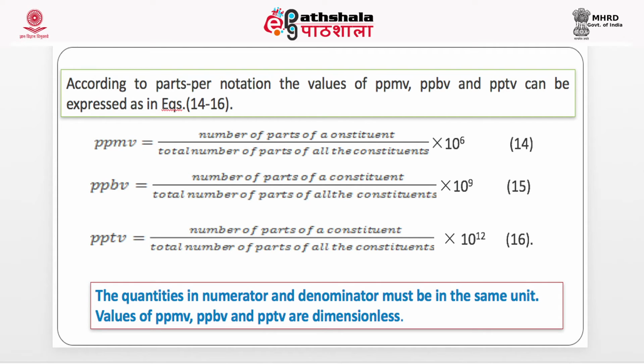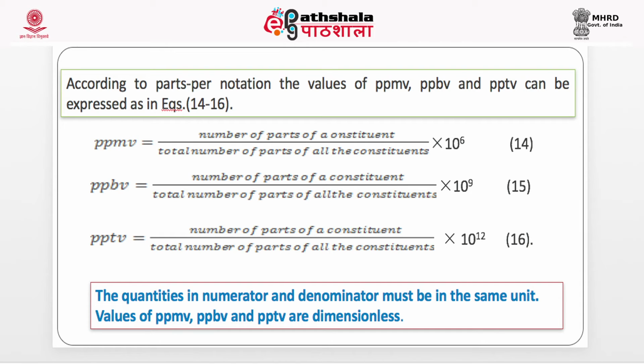The concentration of gaseous substances in air determined as volume by volume ratio should be expressed in parts per million volume, ppmv, parts per billion volume, ppbv, parts per trillion volume, pptv. Unfortunately, most often the v is dropped and values are written as ppm, ppb and ppt, and sometimes this leads to confusion.